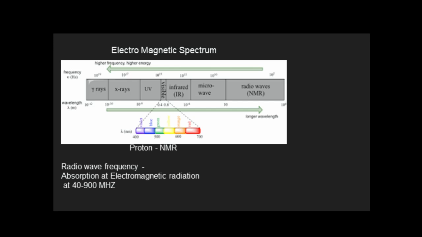Here, all the protons and carbon, that means NMR active components, absorb the frequency and show a peak and produce a spectrum. In the range of 40 to 900 megahertz, we can get peaks. By analyzing these peaks, we may get knowledge about the given organic sample.